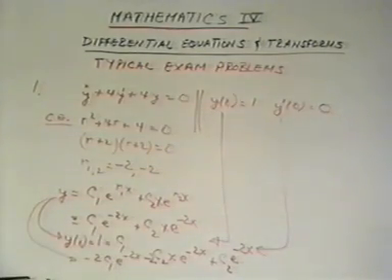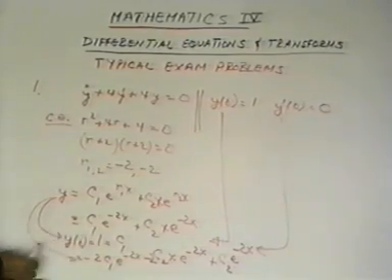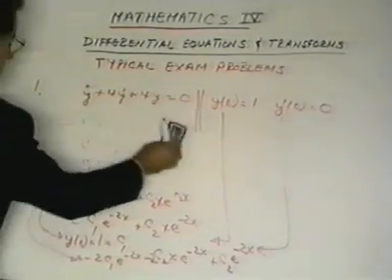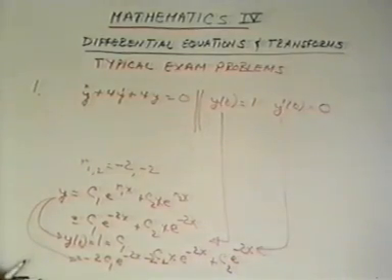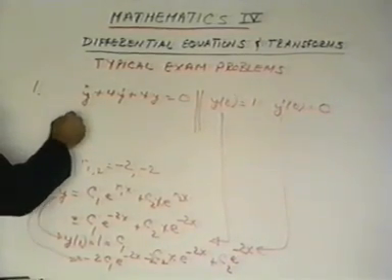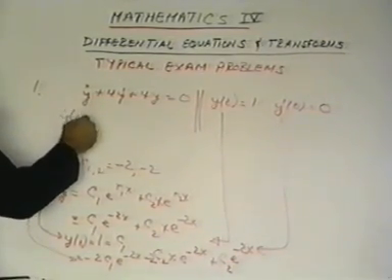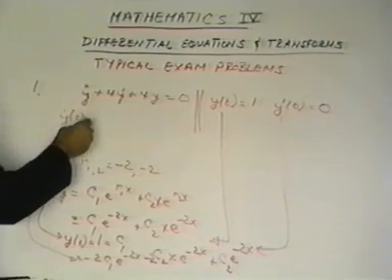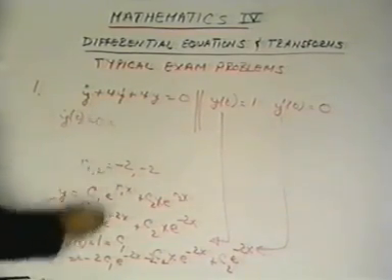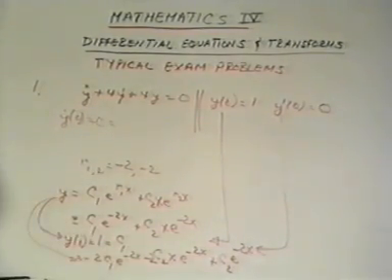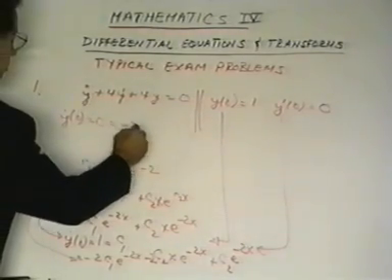Now if I take this expression, and I've done my differentiation correctly, and I set x equal to 0, I get y prime of 0, which is equal to 0, is equal to what we have here. With x equal to 0, I have minus 2 c1.